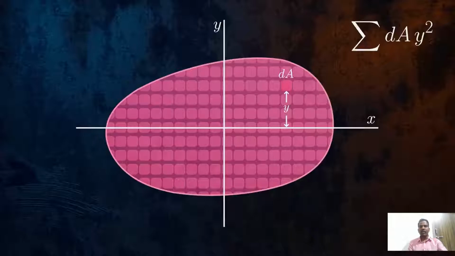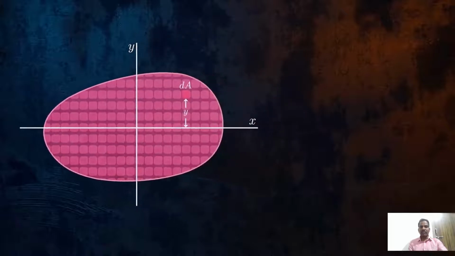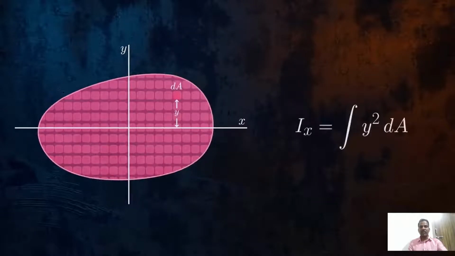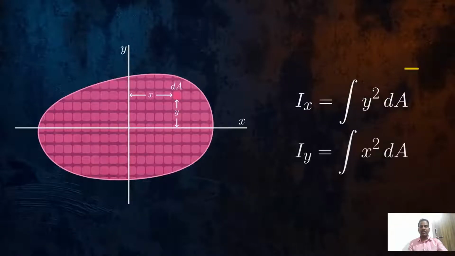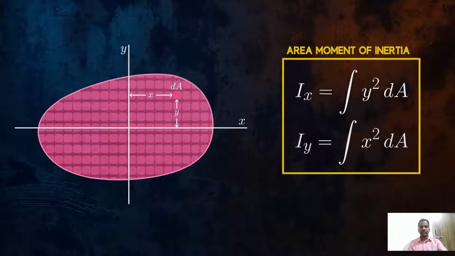We have a number of areas, that's why it is summation of dA into y square along the x-x axis. If you integrate that equation, the moment of inertia is equal to the integration of y square into dA. For the y-y axis, Iyy is the integration of x square into dA.